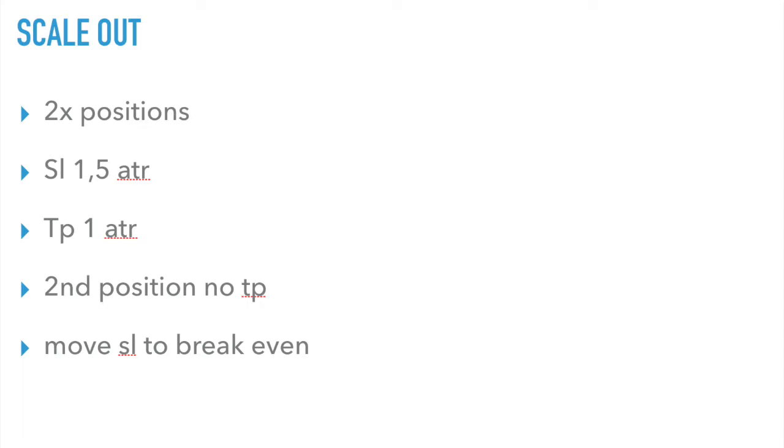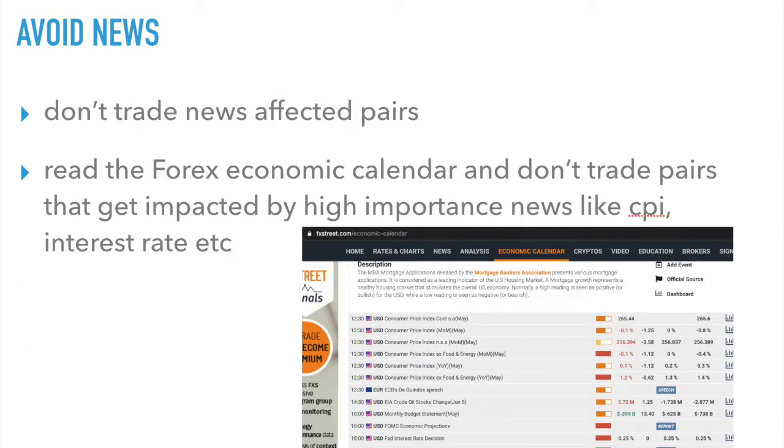Then another key part is to avoid news. So we don't trade news affected pairs. For instance, we would go on fxstreet.com and take a look at the high impact news and on what pairs they are taking place.